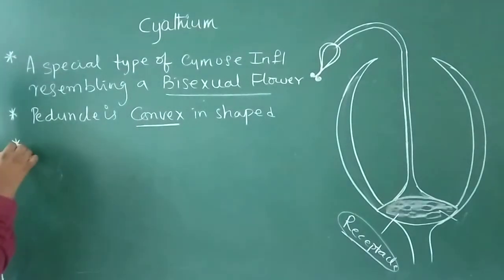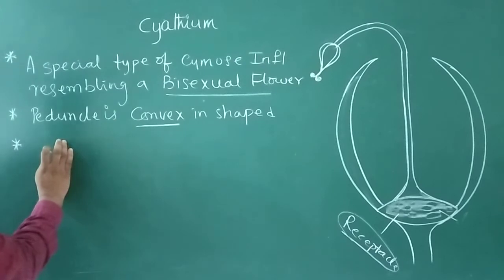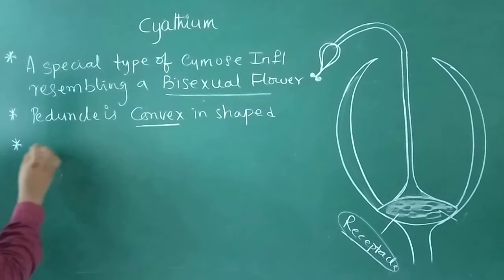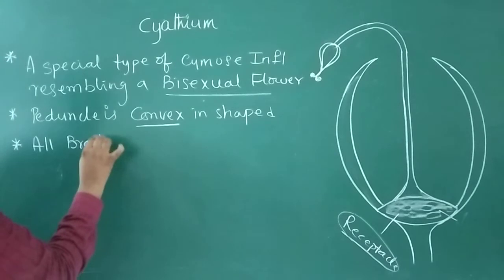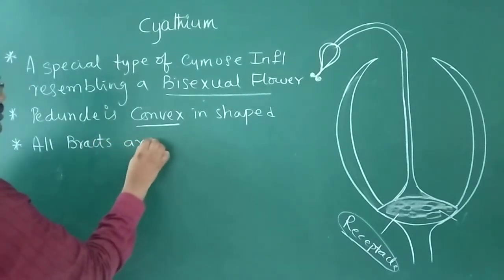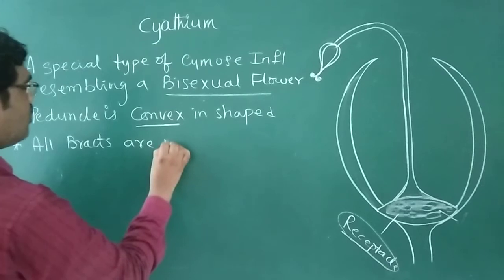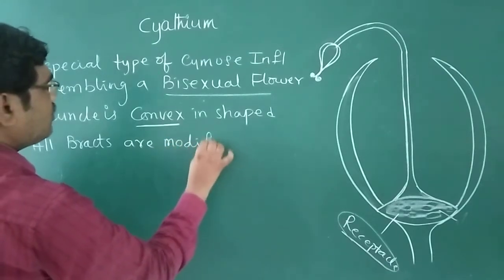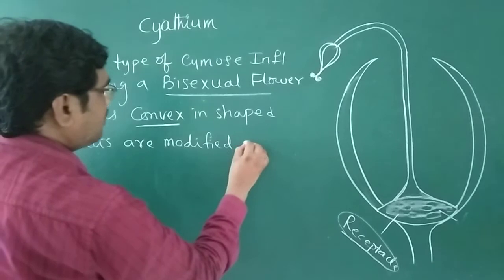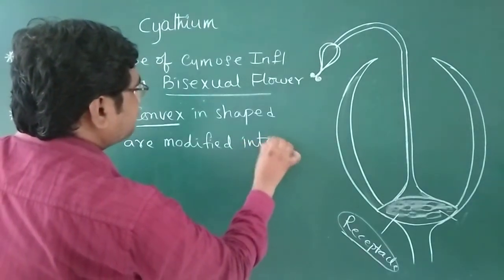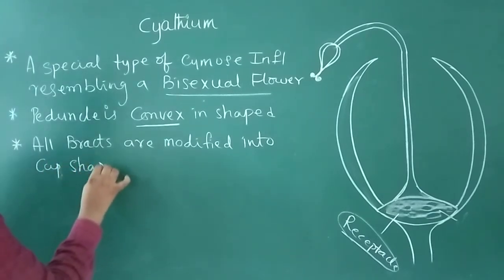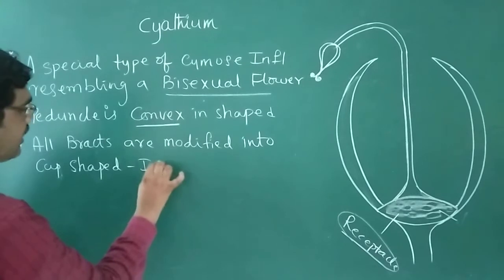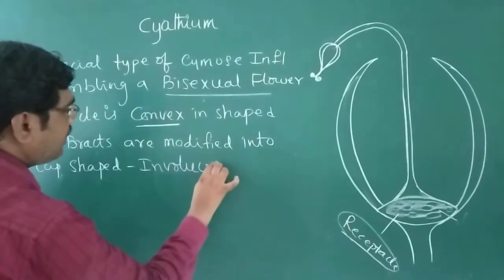Next, what are the characters of the cyathium inflorescence? In the cyathium inflorescence, all bracts are modified into a cup shaped involucre.